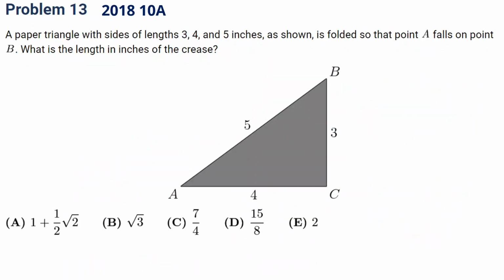The next question comes from 2018 10A, problem 13. Let's pause the video and think about it. Okay, let's come back. So here we have a 3, 4, 5 triangle, and point A is folded so that A falls on point B. So we know the crease must pass through the midpoint of AB.